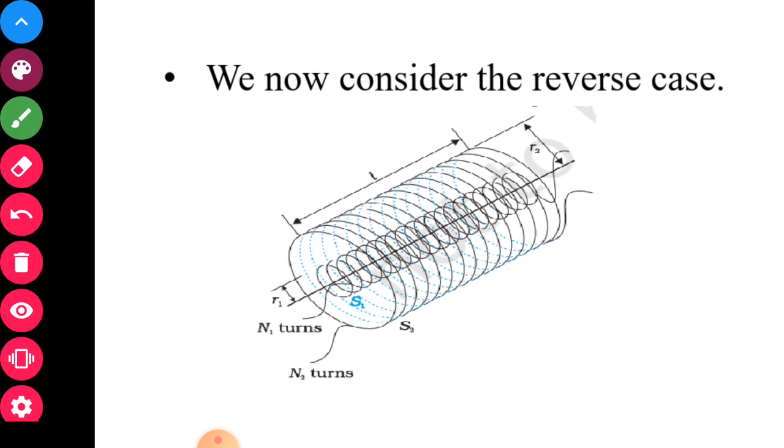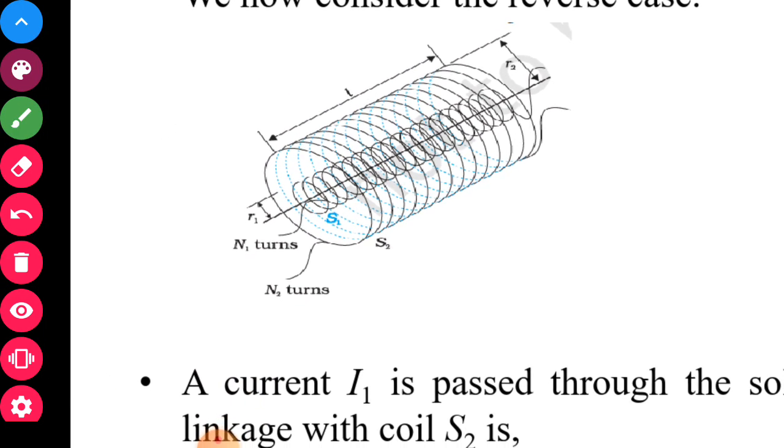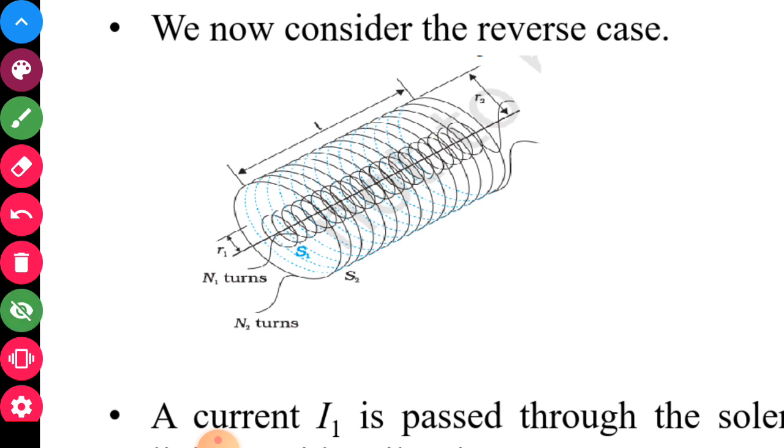Try to understand this. When you are passing the current through the inner solenoid, what happens? The magnetic flux will be within this particular region, not the outer region, because the solenoid has the characteristic that the magnetic field outside the solenoid is zero. So within this small region there will be a magnetic field.